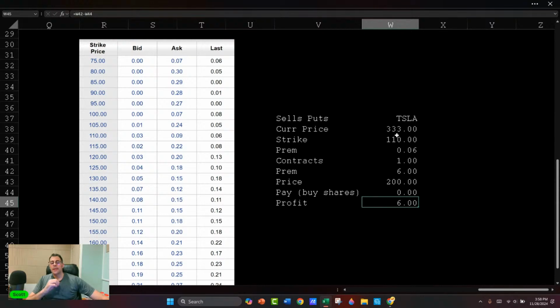Say you sold puts, cash secured puts, and Tesla's at 333. You sold 110, which is pretty far out of the money. So it has to hit 110. So say it hits 100, which is pretty unlikely. You would lose $1,000. You collect your $6 premium though, so you lose $9.94.